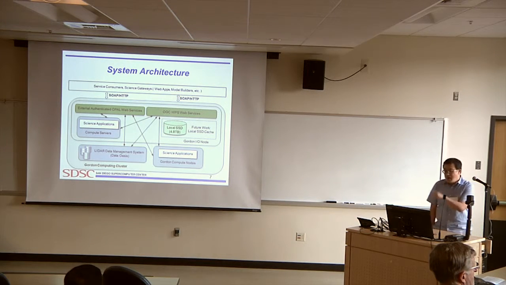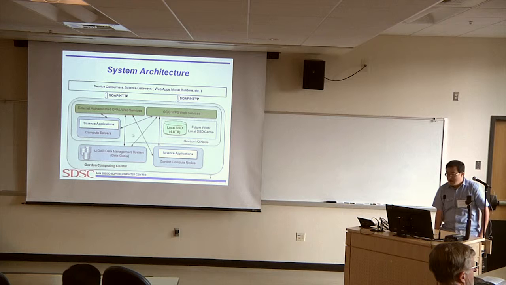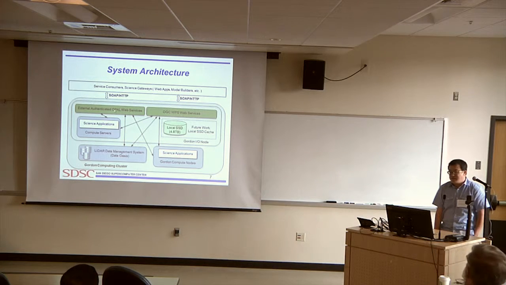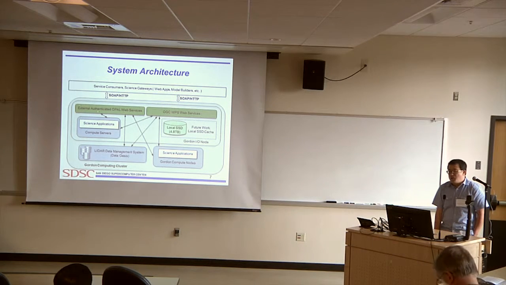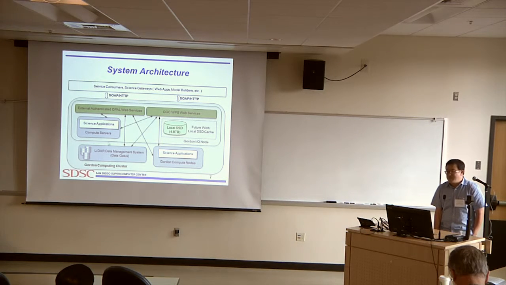This is our layout with the Gordon computing clusters. We also expose Opal web services as well as OGC WPS services. Those services access the OT data infrastructure as well as the Gordon computing node.